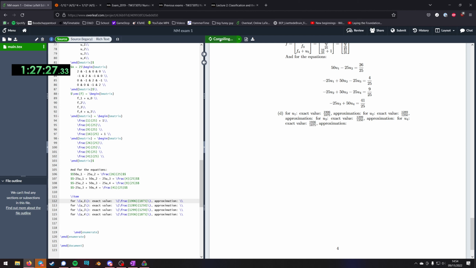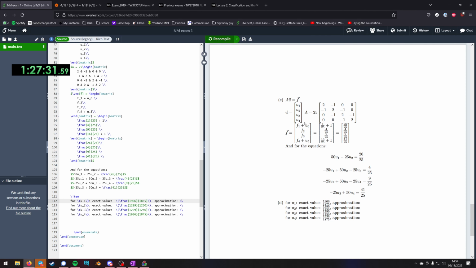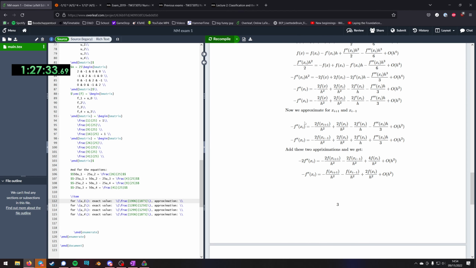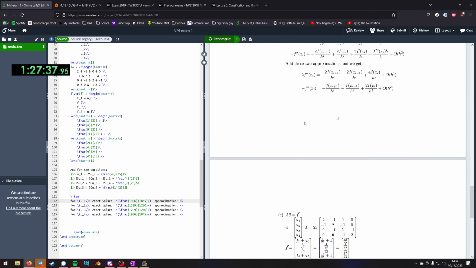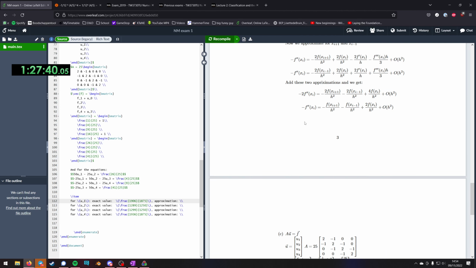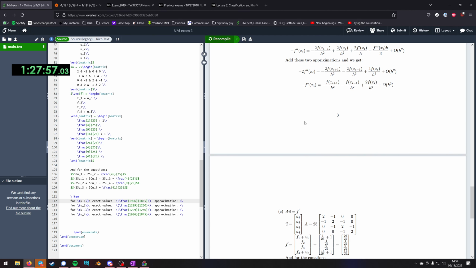Okay. So the approximation for U1 becomes, is this correct?